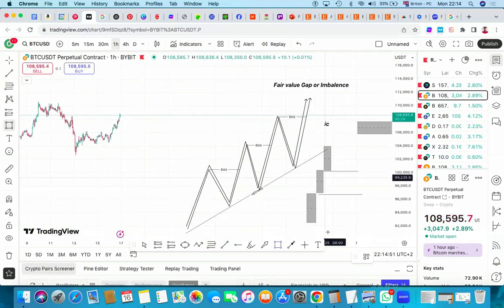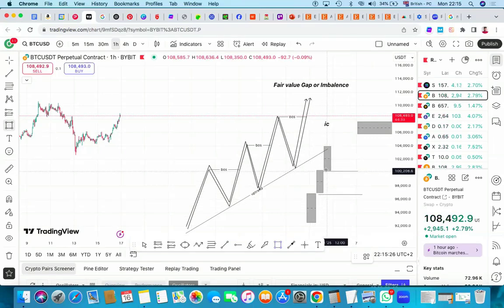So we have three of them consecutively following each other, right? And then now you want to look for your imbalance or your fair value gap. So from the body of your first Marubozu candle to the bottom of the third Marubozu candle, the middle of it is where you call your imbalance, the space between the first and the third, right?